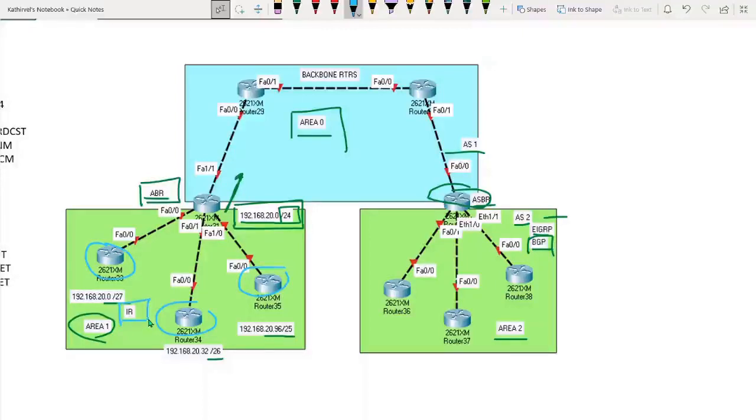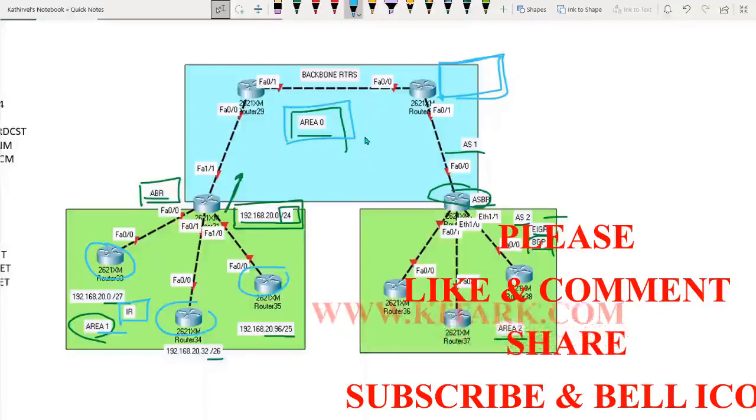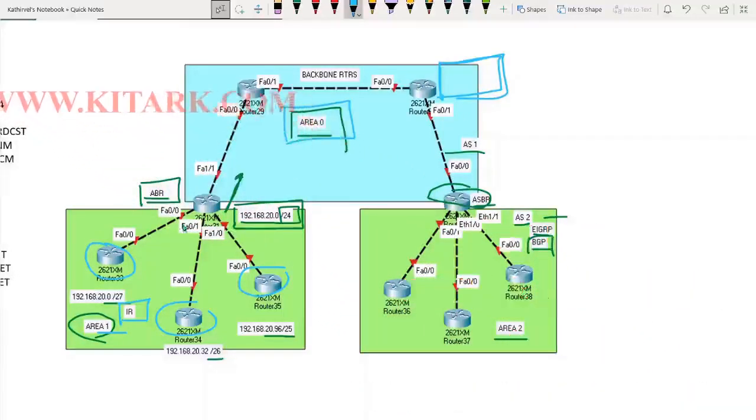The internal router contains only the route information of its particular area, which is area 1 in this case. The area 0 routers have route details of the entire topology: area 0, area 1, area 2, whatever. And the area border router has the route information of area 1 to inform the area 0 routers. So area-to-area route information is stored in the area border router.